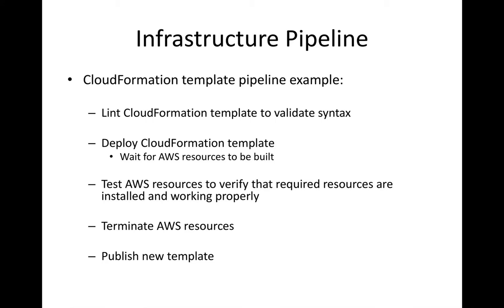And then finally, it would publish the new CloudFormation template to some sort of artifact repository. Could be an S3 bucket, or it could be something like a Nexus artifact repository. That's the basic outline for how an infrastructure pipeline would work.